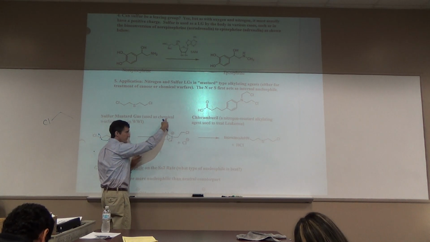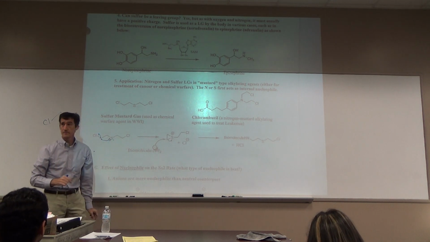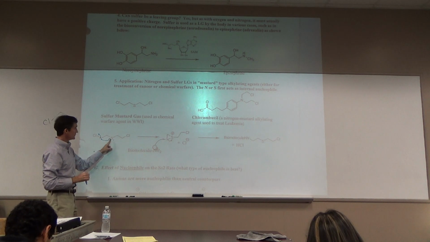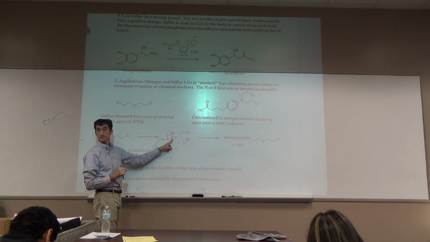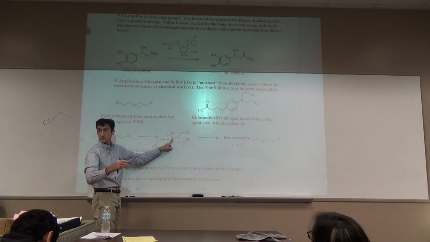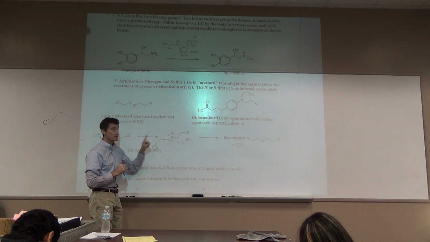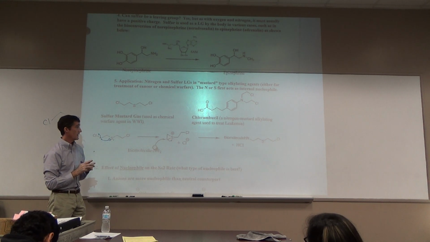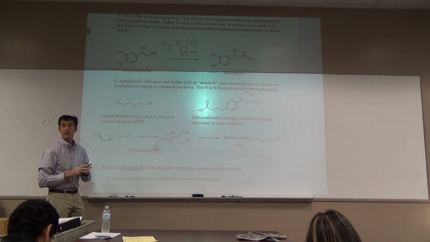At this point, this is very electrophilic, because now the sulfur is positive. And the positive sulfur will serve as a leaving group. Not only that, it's a strained ring, so it wants to be opened back up.